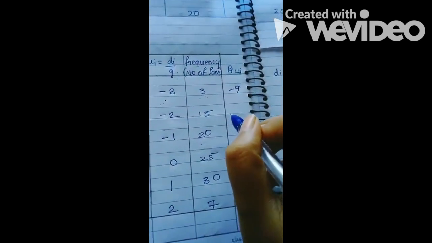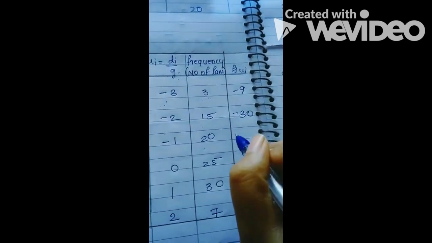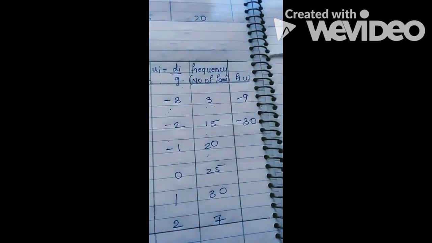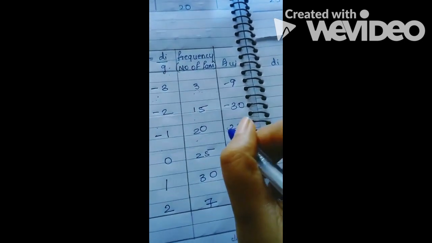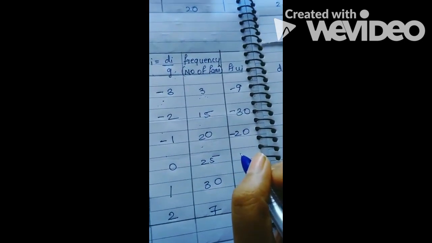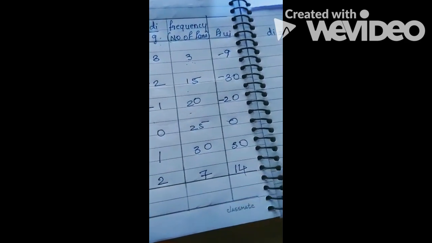Sorry, 15 into minus 2 will be minus 30. 20 into minus 1 will be minus 20. 25 into 0 is 0. 30 into 1 is 30. And 7 into 2 is 14.